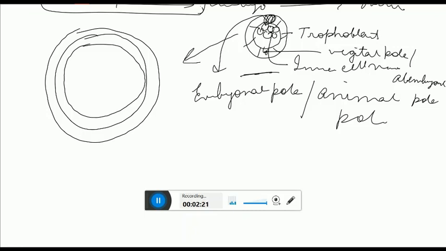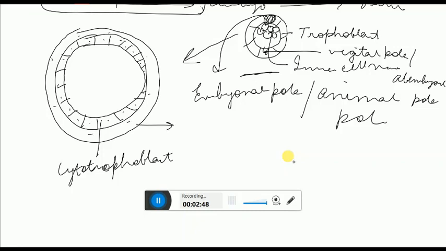This will develop into this stage. So basically what's happening, the outer blastocyst gets differentiated into two layers. The inner layer is called cytotrophoblast, and the outer layer where there is no membrane, this layer is called syncytotrophoblast.